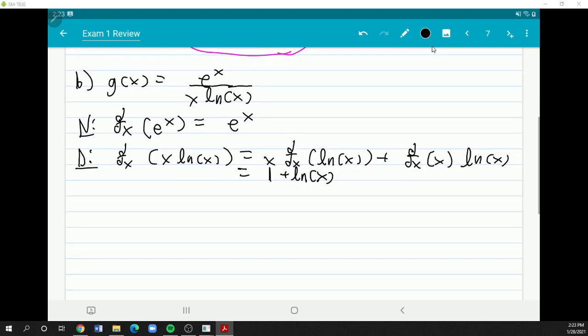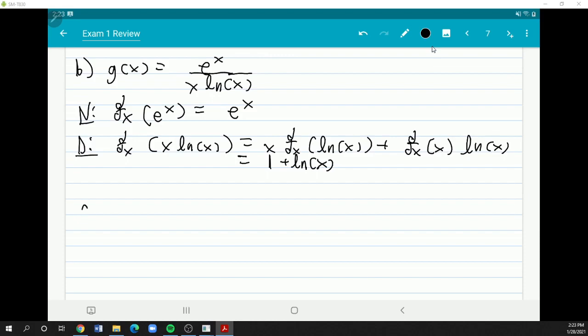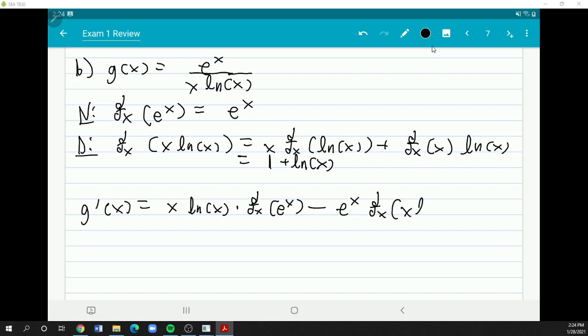And then we just smush these together using quotient rule. So g prime of x is equal to low d high, so x log x times d dx e to the x minus high d low, e to the x times the derivative of x log x, all divided by x log x all squared.